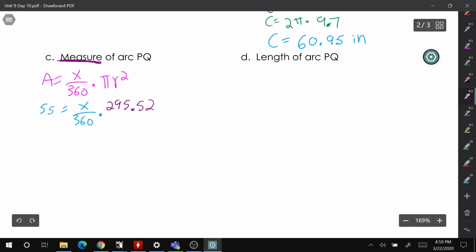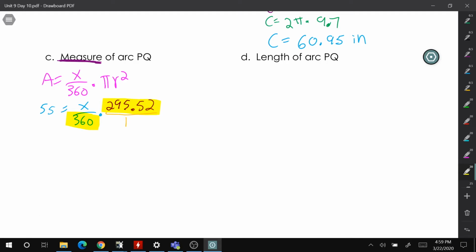Now what I'm going to do is write this over 1, because next I'm going to divide these two to get a decimal. So if we do 295.52 divided by 360, we get 0.82.